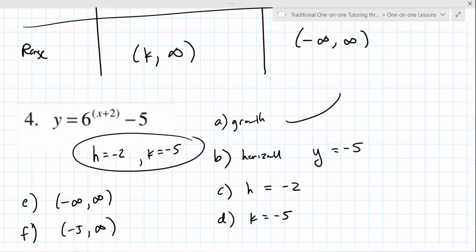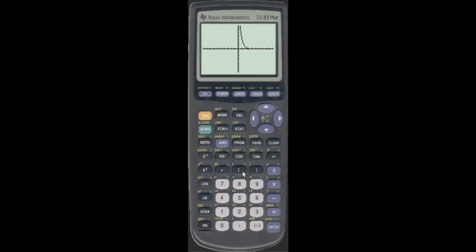Now, in terms of getting a good graph, we didn't talk about this at all, but let me remind you of one thing here. I'm going to go back to the calculator real quick. What I would do is go to the table potentially. All of these graphs have a table. If you hit second table, that'll give you some numbers that help you to get as reasonable a graph as you can.